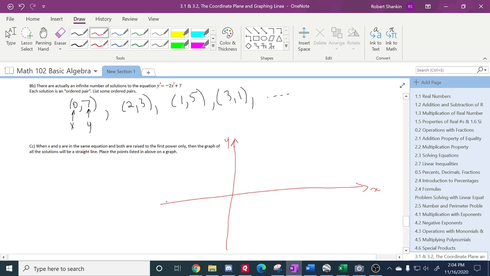Before I start plotting points on my graph, I want to look at my x numbers. I only have to go up to 3 because there's 0, 2, 1, 3. My y numbers, the biggest number is 7. Alright, so I'm going to make my scale so I can go up to 7.